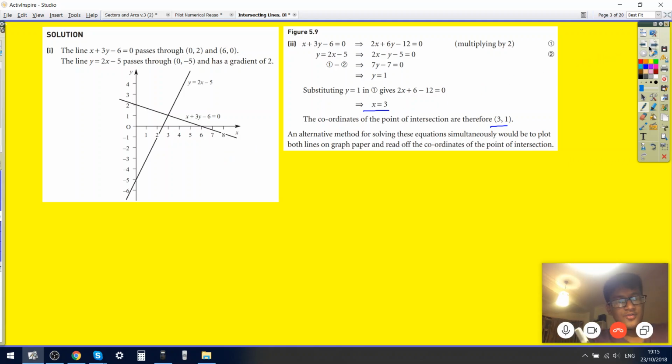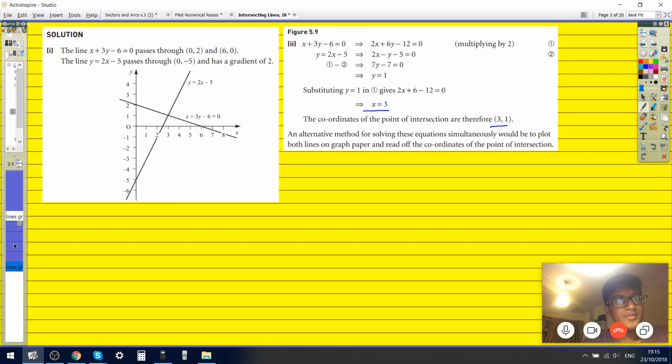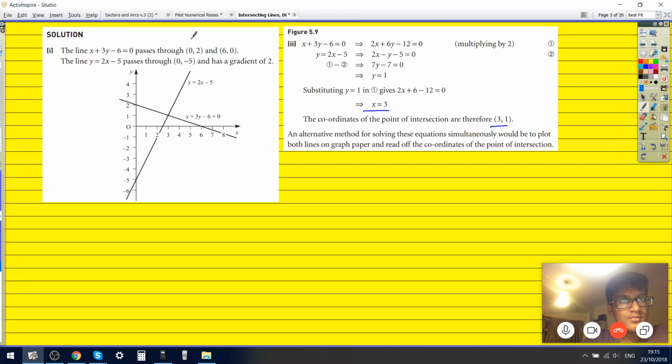Could you go through the question again? I think the big picture is, to sketch y equals 2x minus 5 is pretty straightforward because it's y equals. To sketch the other one, you don't need to rearrange it. You could just let x be 0, find y, and then let y be 0, find x.